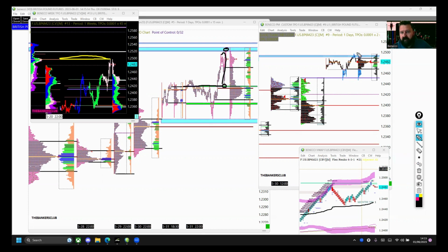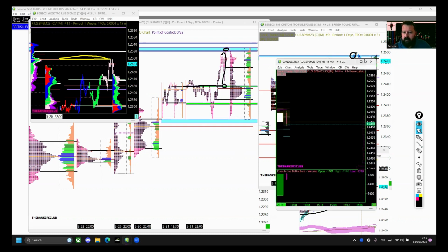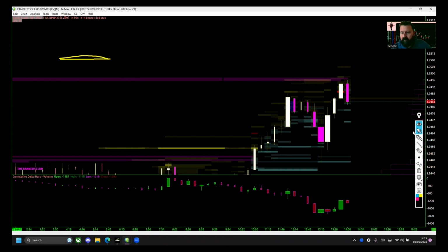So I had three targets: the daily, the custom afternoon, the weekly, and also that imbalance I just showed you, which you can also see if I drag this chart over.